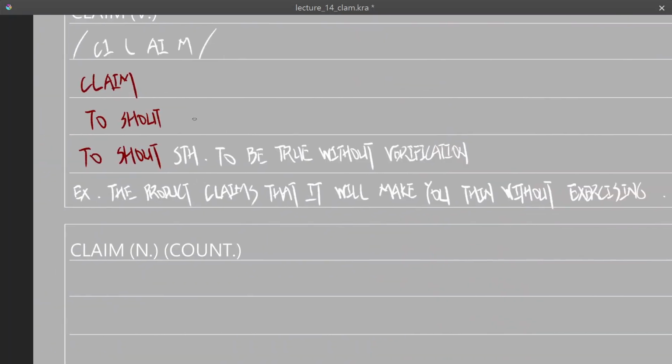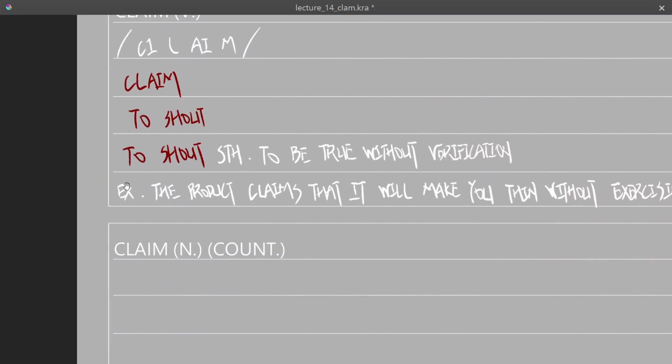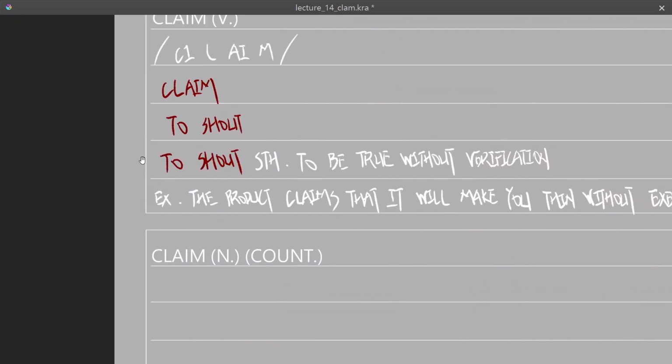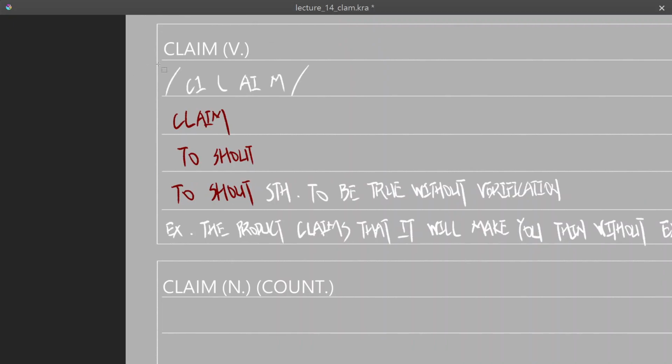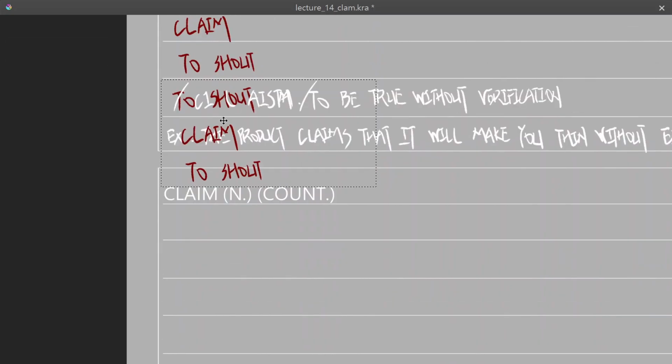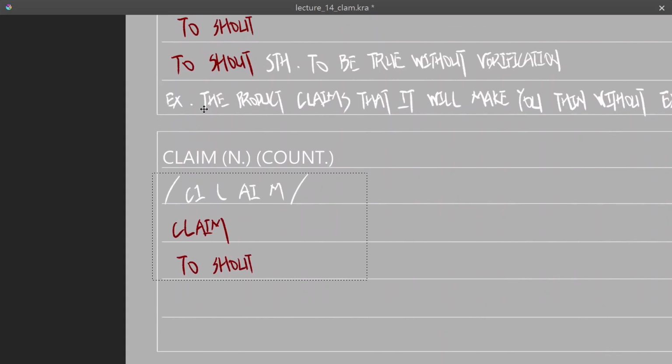Cool. And next we have the noun of claim. So it's almost the same, the analysis will be the same, so just copy and paste to save some time. Claim.